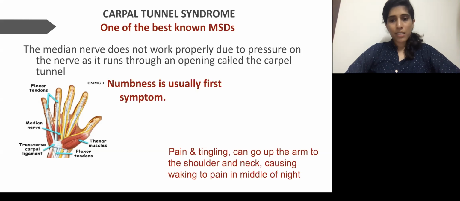Sometimes tingling sensations are also common, and the pain might radiate from the shoulder and neck area. Especially in the middle of the night, the patient will wake up due to this tingling and numbness type of pain.